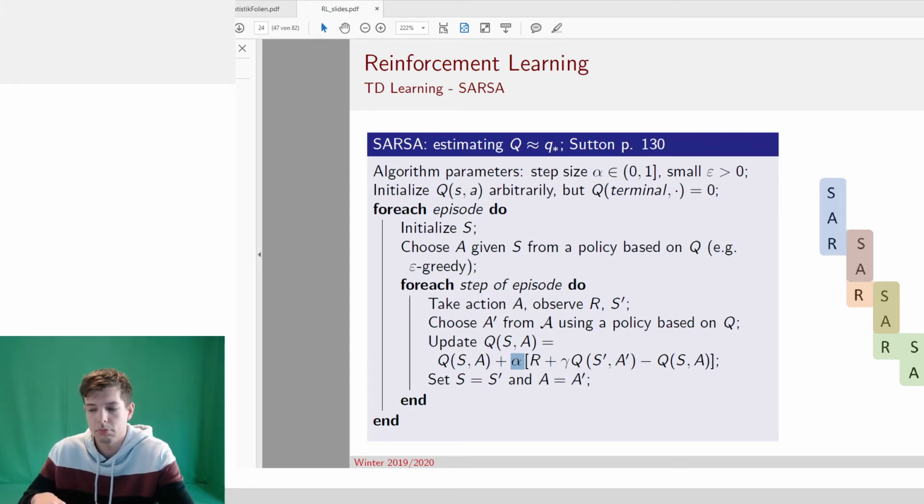I think so too. It should be in some way stationary, I guess, because otherwise we would learn something about states that doesn't matter in a couple of weeks. But besides that, yes.